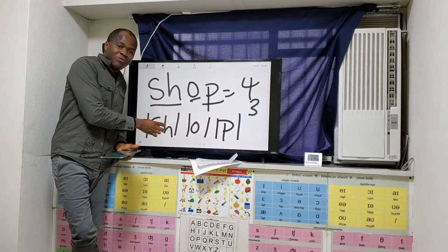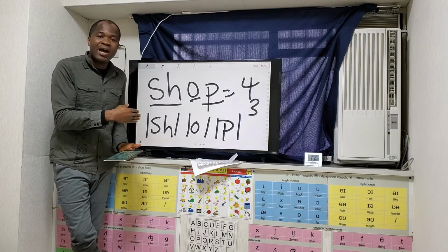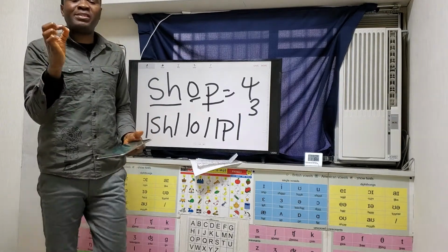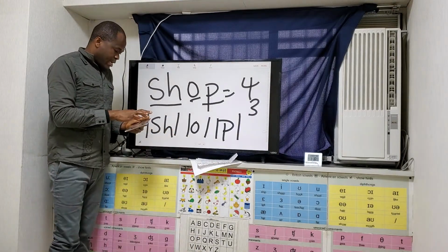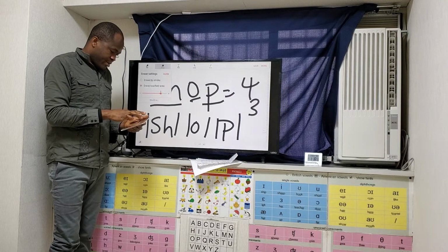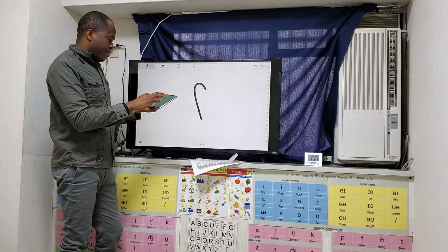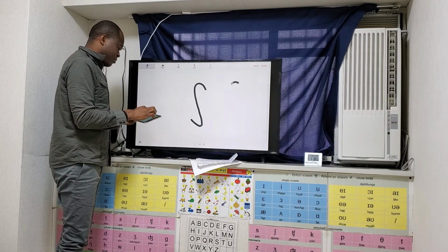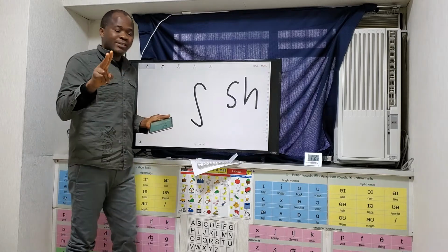Though they have their individual sounds, S, H, we cannot say this, but it forms a single sound called sh. And in IPA, it is represented by the snake-like shape. So in IPA, this is sh, but in grapheme it is SH. 2-letter grapheme.